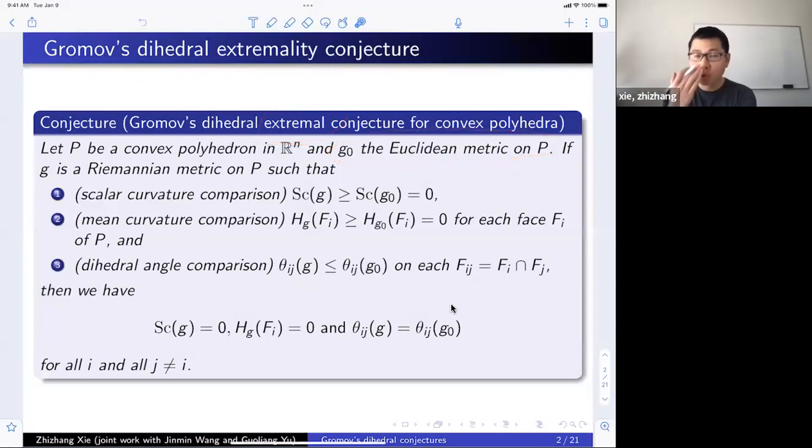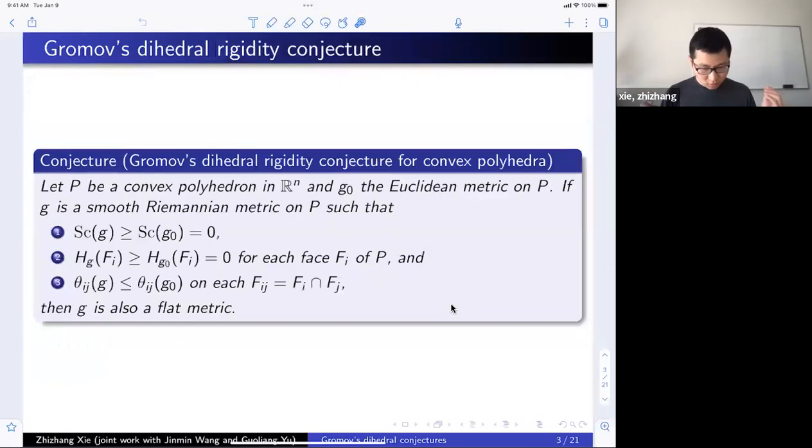Intuitively speaking, this is saying you cannot change the metric on this convex polyhedron in such a way that you increase scalar curvature, increase mean curvature, and decrease dihedral angle at the same time. That's just impossible. And I'll explain a little bit where these conjectures come from.